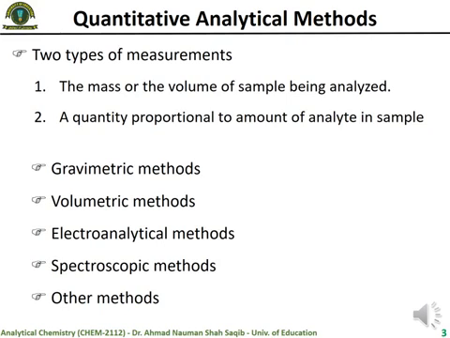So these are different kinds of methods which we can use for quantitative analysis. Depending on what kind of sample we have, how much accuracy we require, or what kind of results we want to get from the analysis, we decide what kind of method is appropriate for a specific analysis.